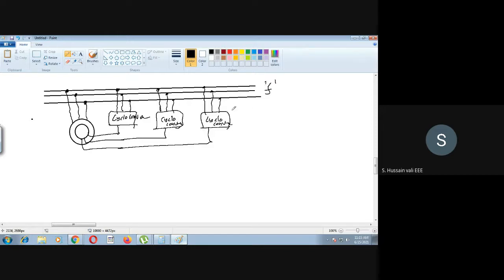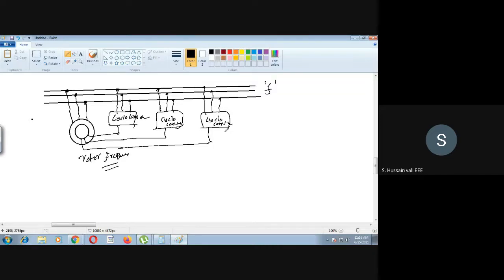So what you do here is that you will use the full wave cycloconverter here. Then by triggering the firing angles, the rotor frequency you will match here using this also.